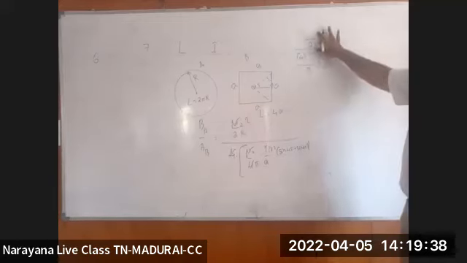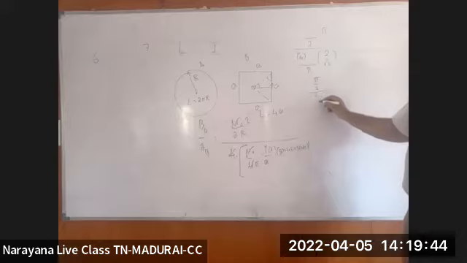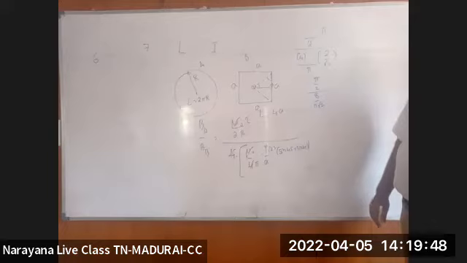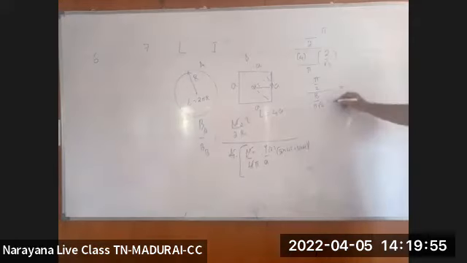This 2 cancels. How much is this? 5 by 2 and whole divided by 8. 5 by 4. You can't write that, so pi root 2 will go upside. Pi square root 2 divided by 16.